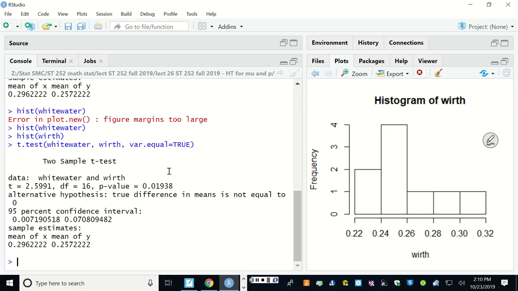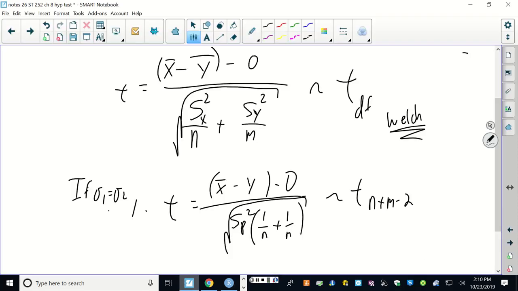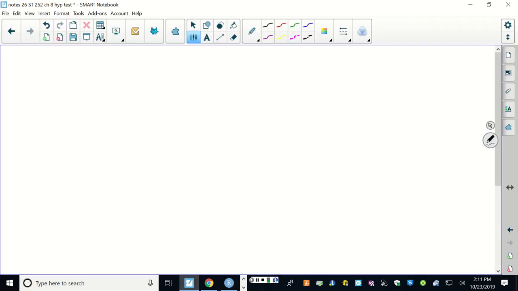Any questions about the logic of doing it? Right, set up the hypotheses. The next two cases we could talk about briefly. The next case is we have one sample and we're questioning whether the proportion equals some value.